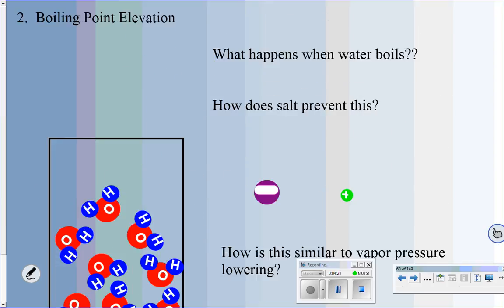Boiling point elevation works in a pretty similar way. When water boils, it's going from a liquid to a gas state.